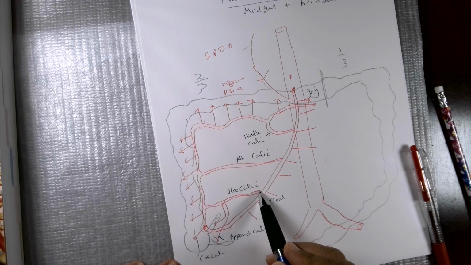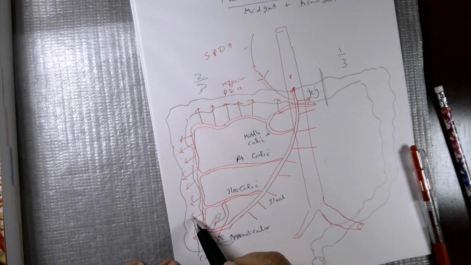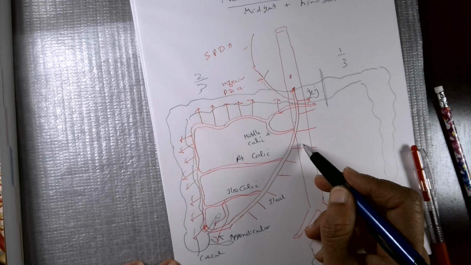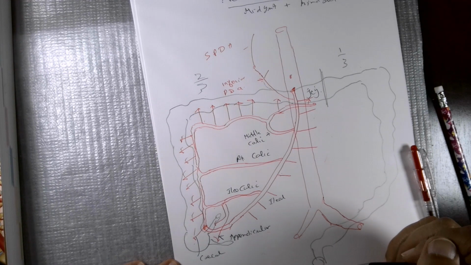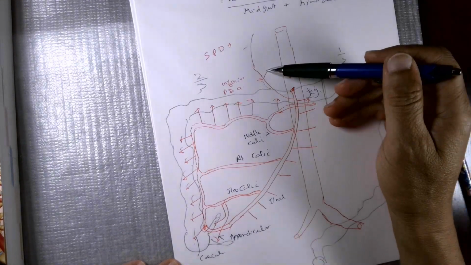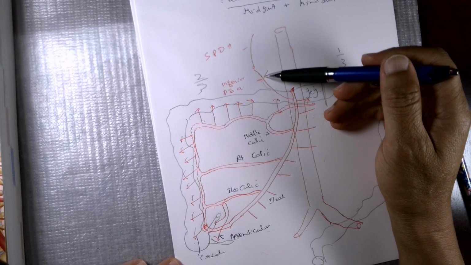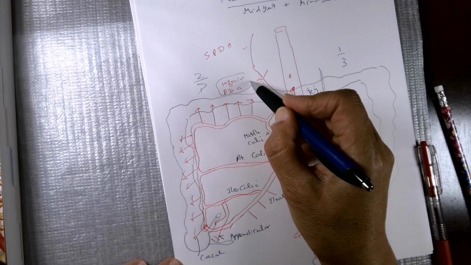Then ileocolic, from the name, supplies the terminal part of the ileum, the appendix, cecum, and also the lower part of the ascending colon. Then you have ileal and jejunal branches supplying the jejunum and ileum. So we know now the area supplied by the superior mesenteric, starting from the lower part of the head of the pancreas and the lower part of the duodenum through the inferior pancreatico-duodenal.